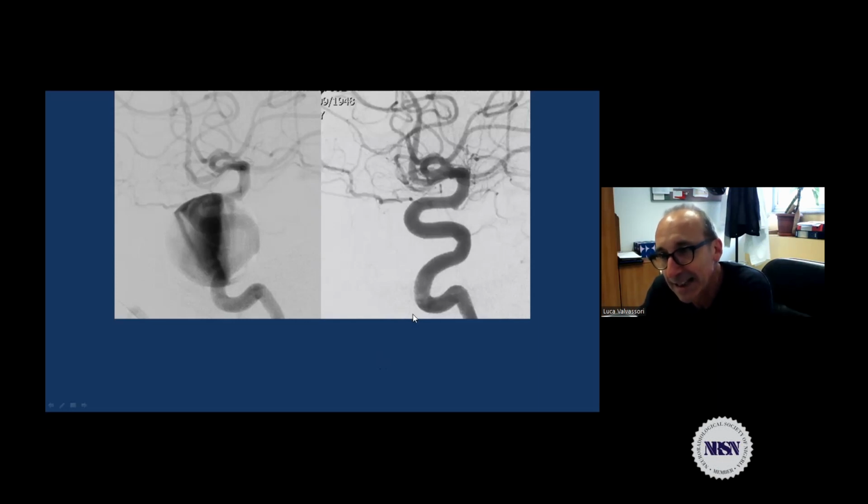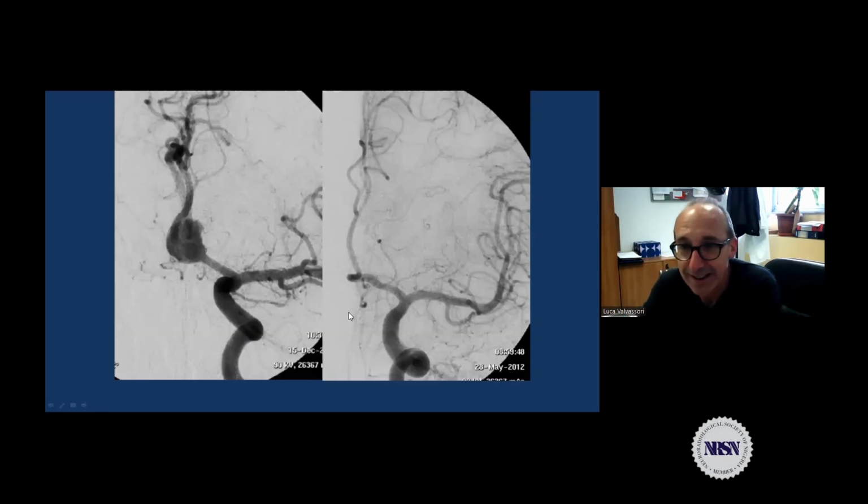The nice thing is that you don't have to enter the sac of the aneurysm. You just stay in the parent vessel. It occludes, thromboses over time, and you don't even see the flow diverter. Where is the flow diverter? It's here, but you don't see it.